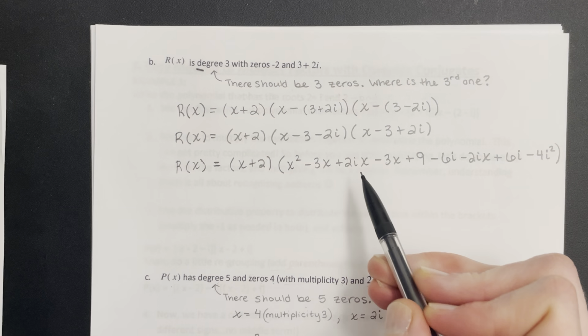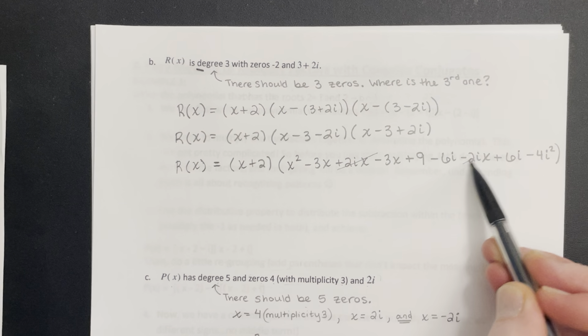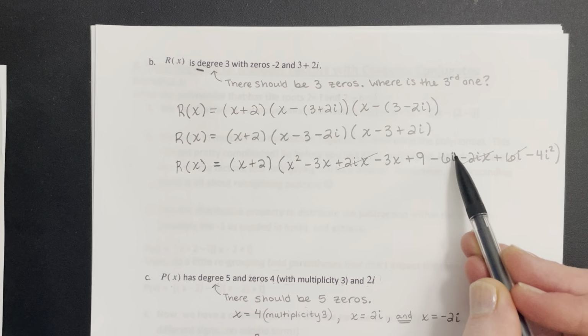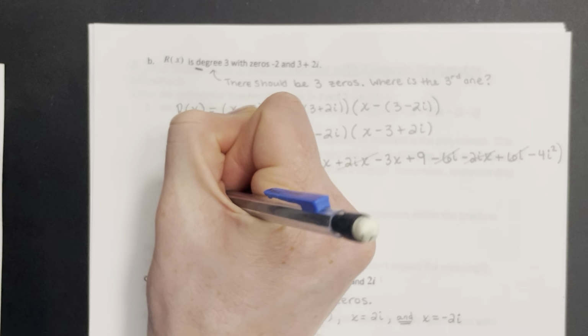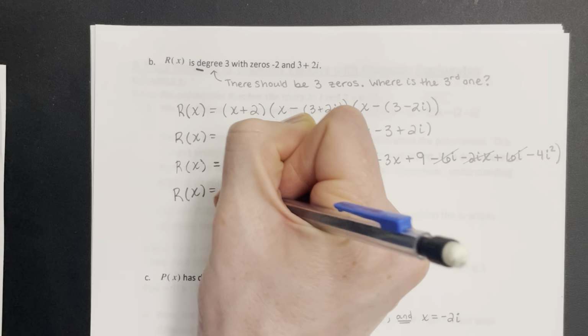So after we've distributed, we're going to see some things that can combine and add to 0. And then there's other things that can just combine in general.